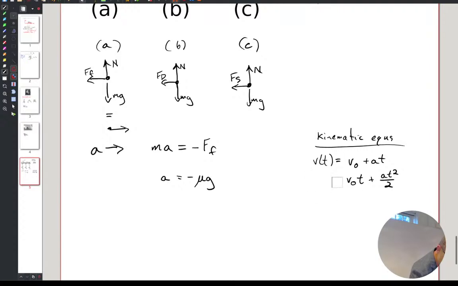And I should add a. So if I know its initial x position, I know its initial x velocity, and I know the acceleration is constant, then I can plug in those values and I get a solution, right? So now I know x of t is 0 plus 10t minus mu g t squared over 2.